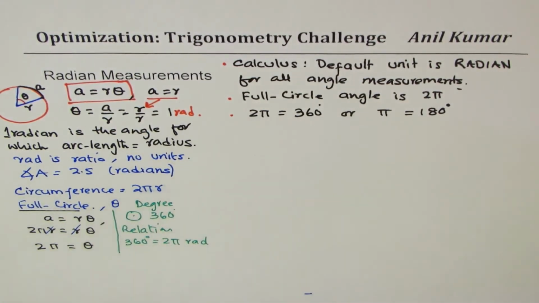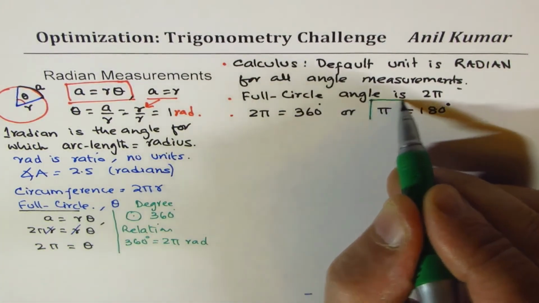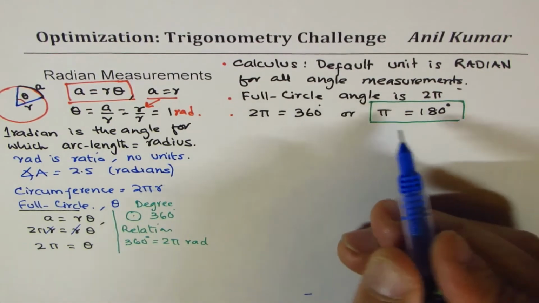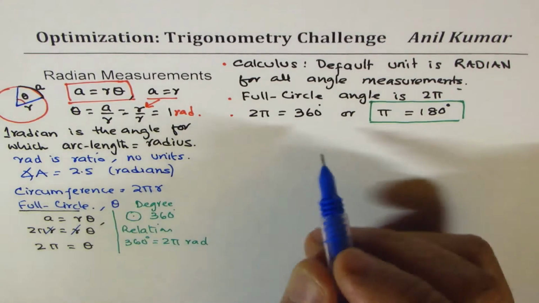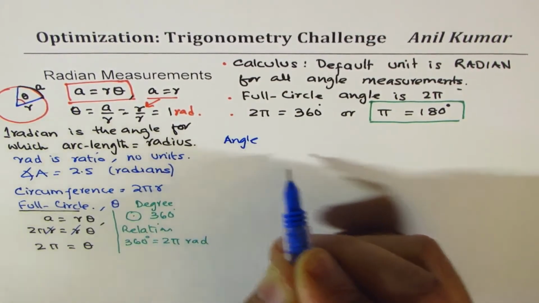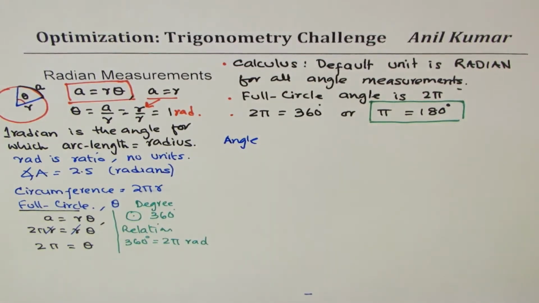Now this conversion is very, very useful, and we are going to use it a lot. Since you are familiar with degrees, radian might be a new unit for you. But use pi equals 180 degrees for conversion. Let me write down angles in degrees and radians for you, especially the ones which we are going to use many times.